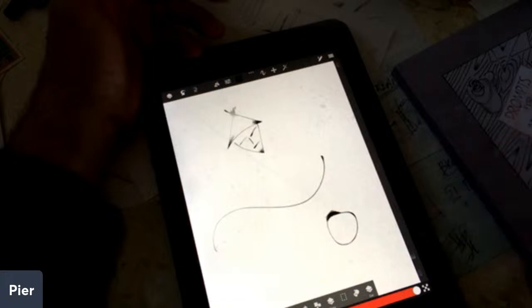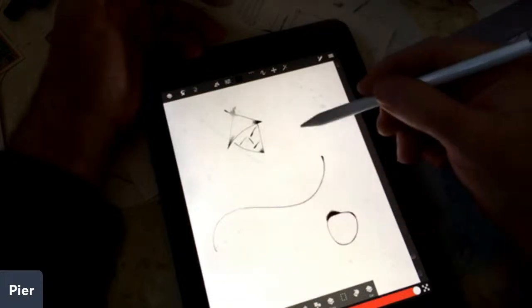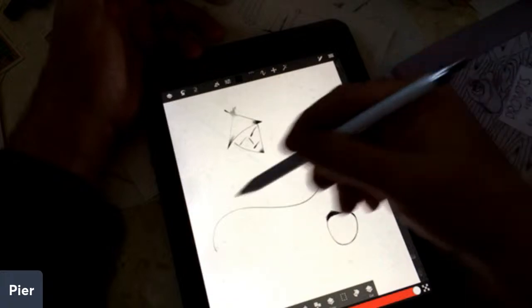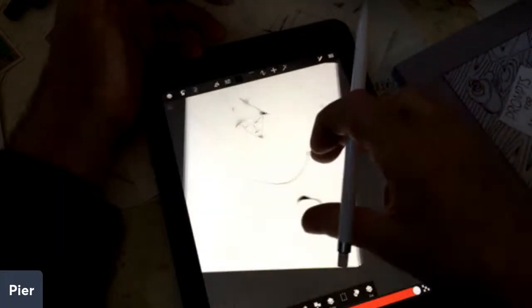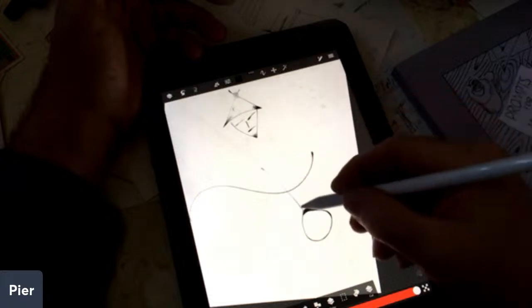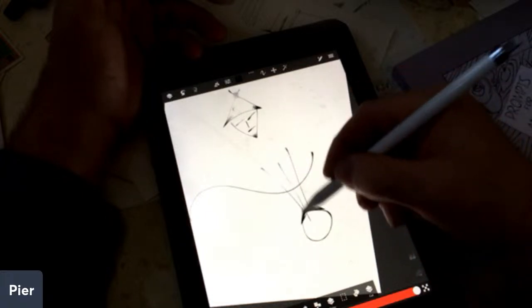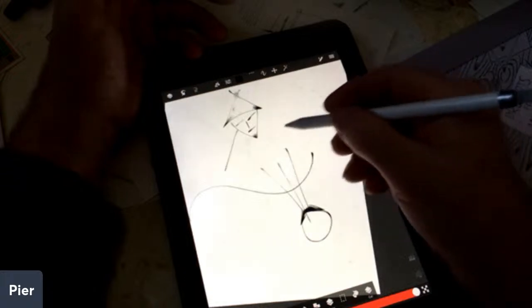And what is the Chinaman doing? What is this going to be? And what's that going to be? He's a circus performer, so he's standing on a ball. And what's this thing?